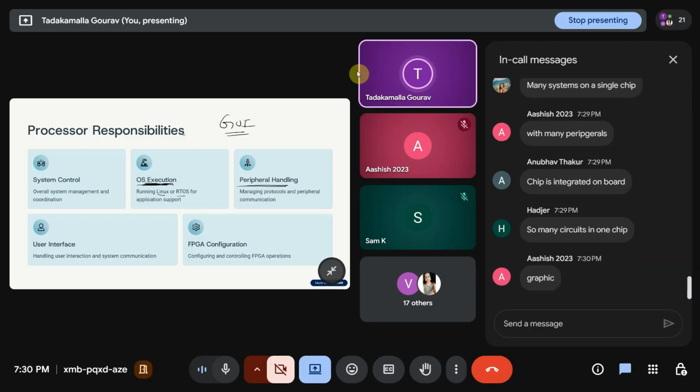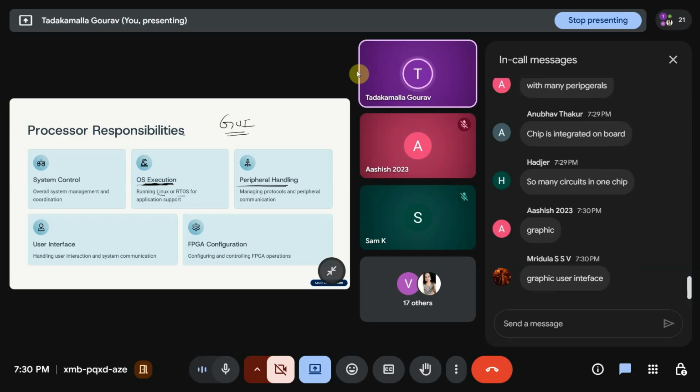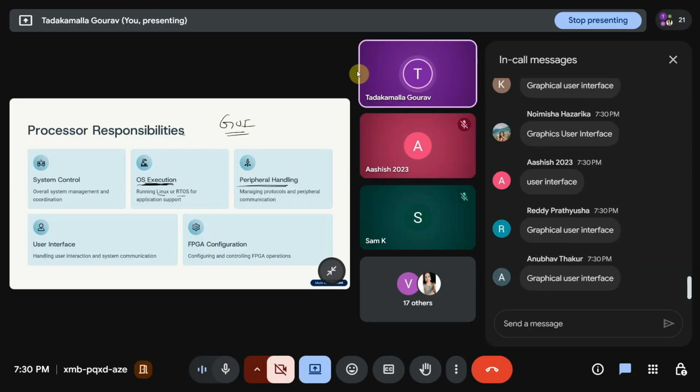Graphical user interface, right? Whatever screen you are seeing. So for running those programs, you need a processor. Using a simple FPGA, you cannot do all these things. So you need a processor for system controlling, for the operating system, for peripheral handling, and for running your GUI programs and applications. You definitely need a processor.